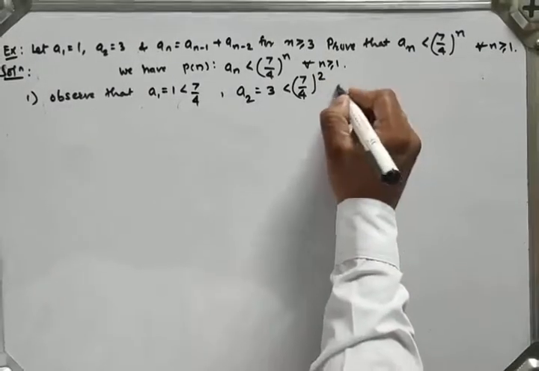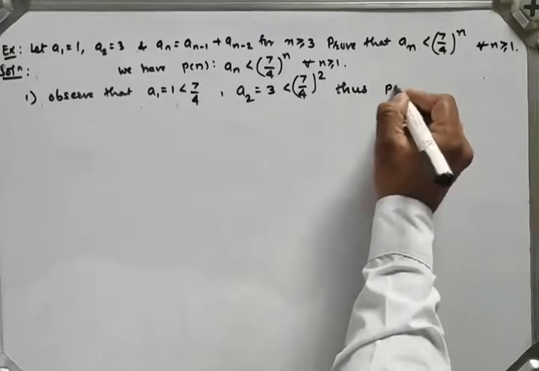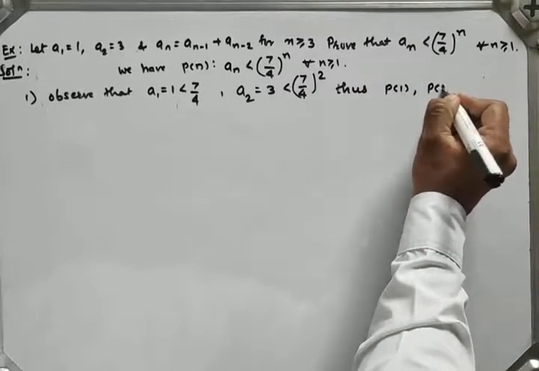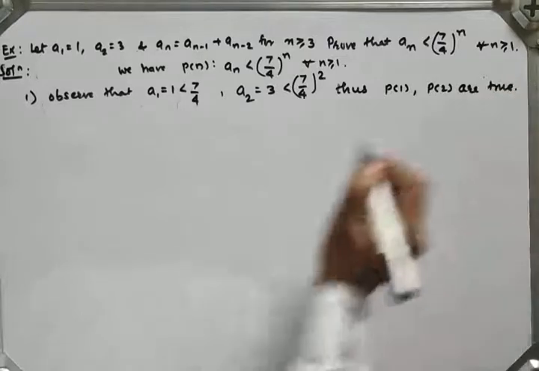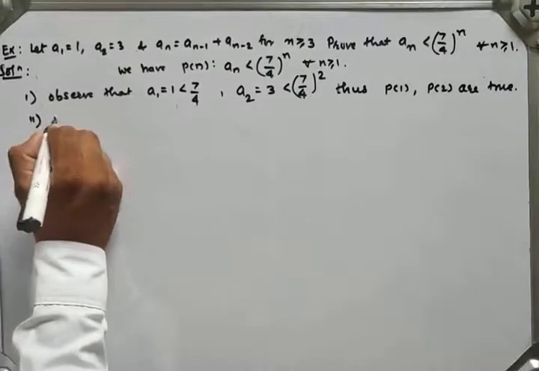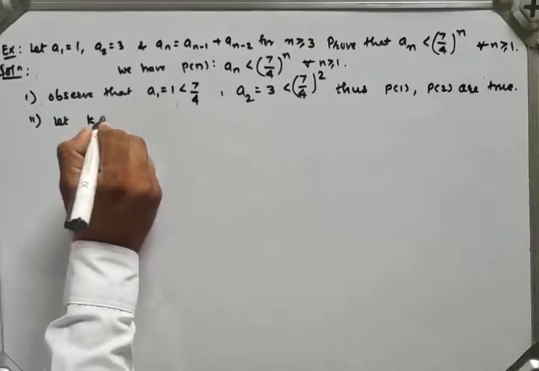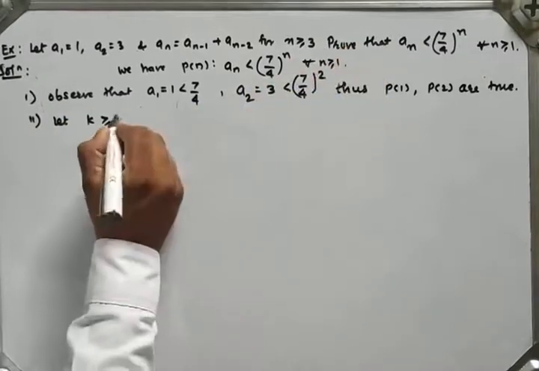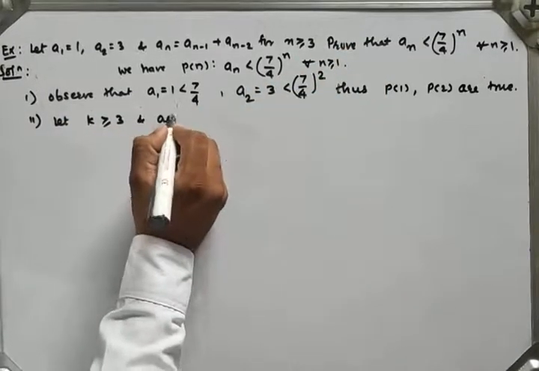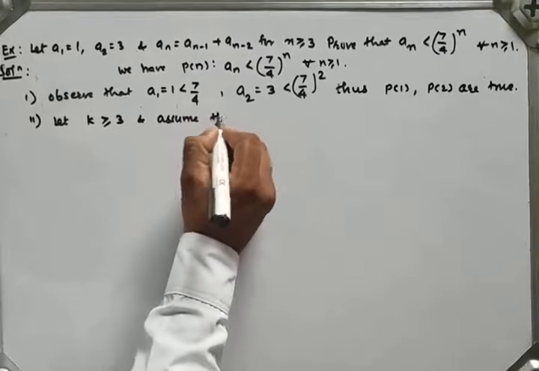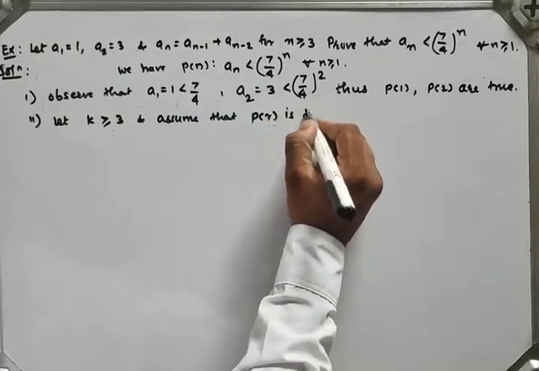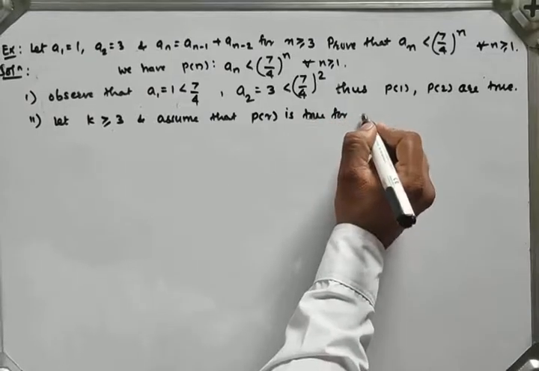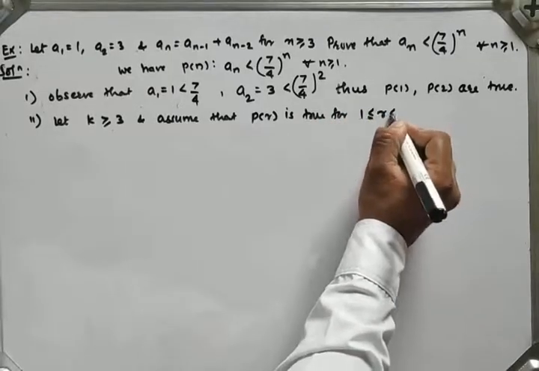Thus we say that P of 1, P of 2 are true. Now second case, let k be greater than or equal to 3 and assume that P of r is true for 1 less than or equal to r less than or equal to k.